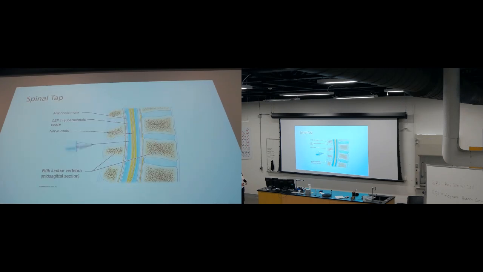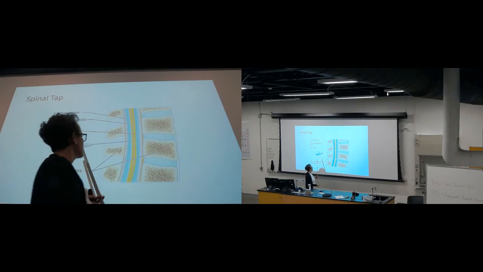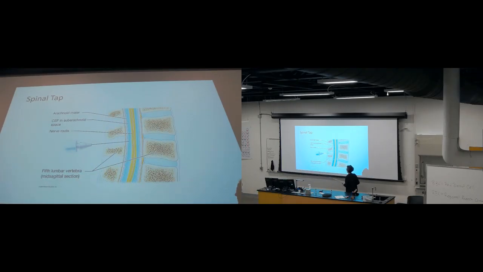So here we have this lateral view of this longitudinal section. Here we have the first sacral vertebra, which is S1, and then we have L5 here.